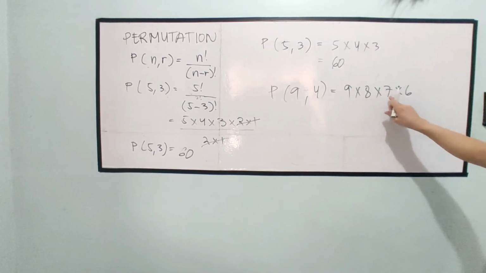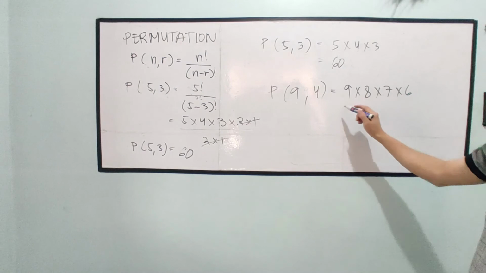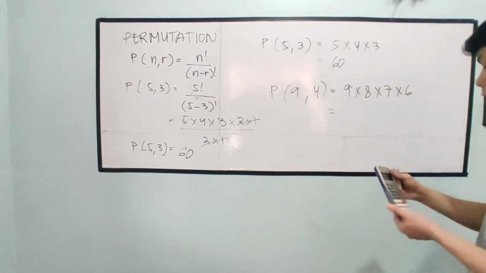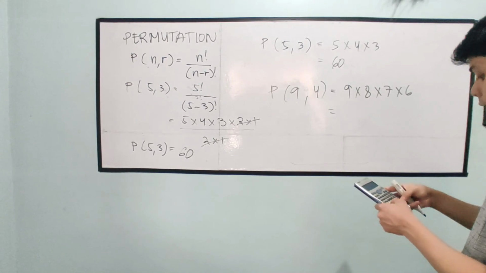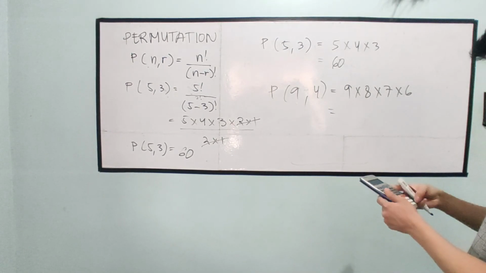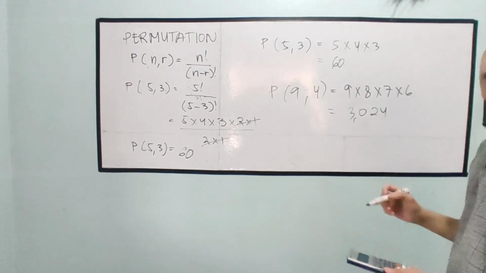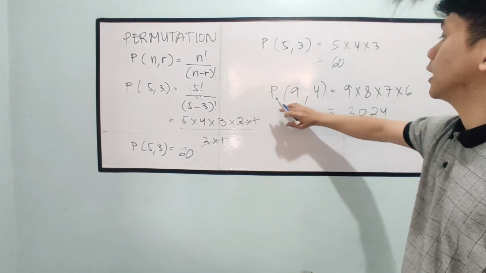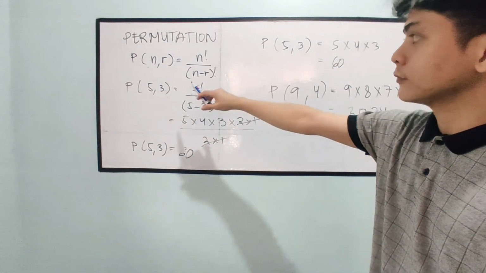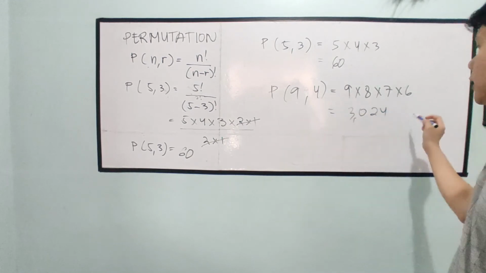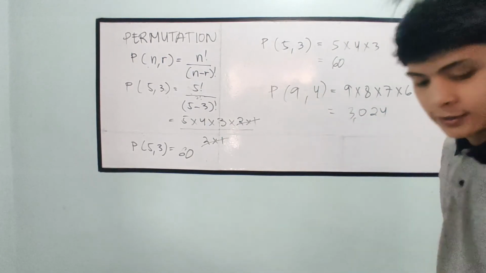So, 4 na number lang yung i-multiply mo. Gamit tayo ng calculator. 9 times 8 times 7 times 6 is equal to 3024. So, pwede nyong isolve to gamit yung formula. I-check nyo kung equal ba yung nakuha natin dito sa shortcut.